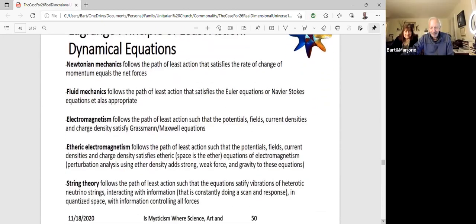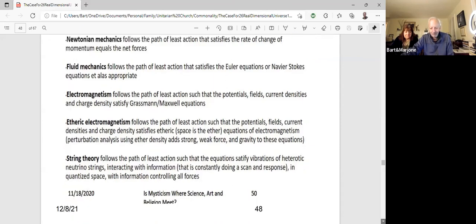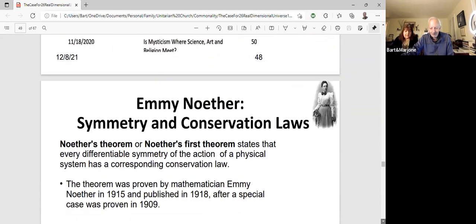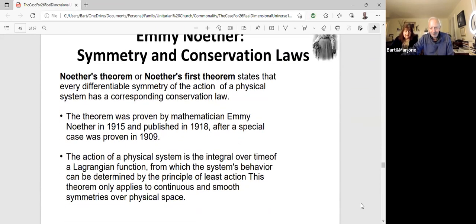We had this underlying principle due to Lagrange of least action, which is used in all of physics. It's used to describe everything that we can come up with in physics, and string theory is an example, part of this. But the other key part to it was these conservation laws that were intimately tied to the Lagrangian.